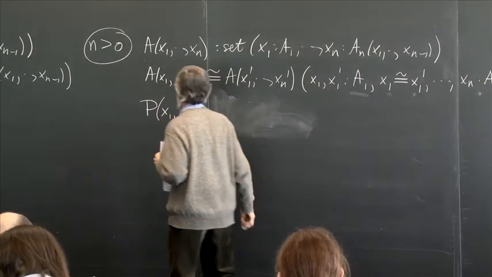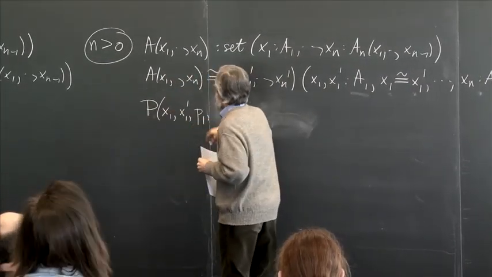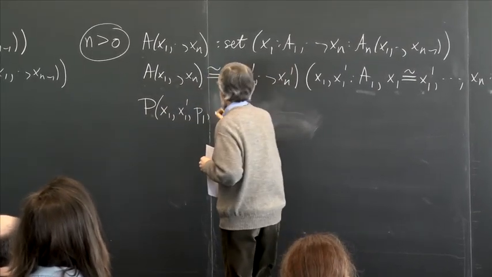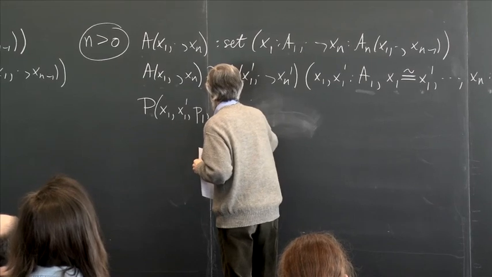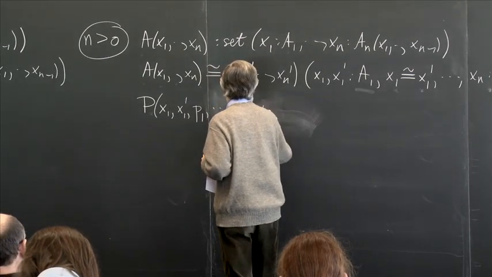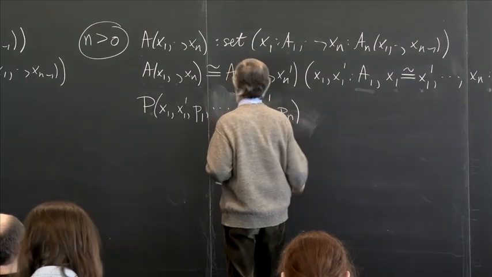So we have this, there should be a relation, capital P, between this set and that relation will depend on all these arguments, xn, xn prime, pn.